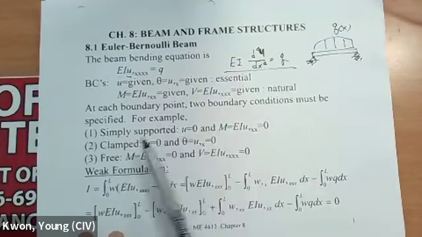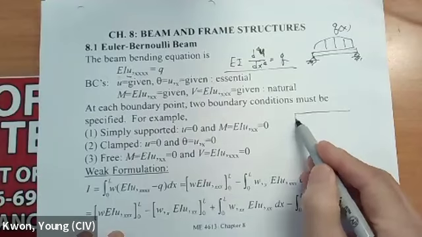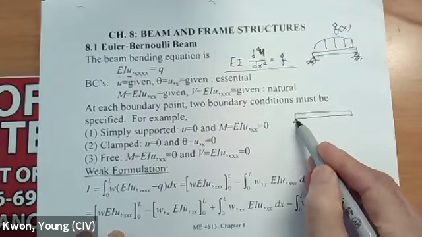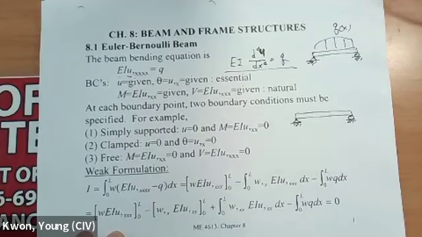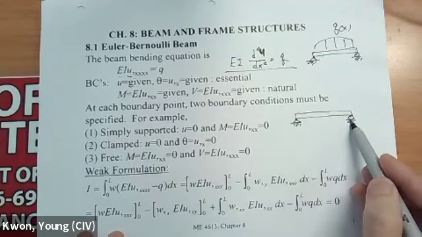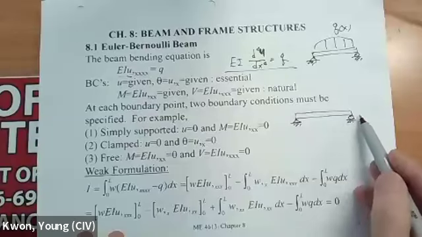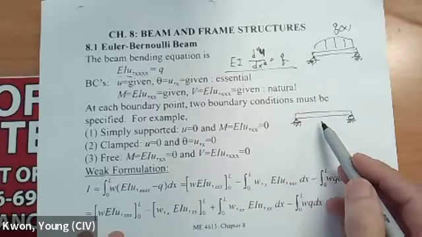So if you have a simple support, we usually indicate this with a triangle and circle. That means this is fixed in both x and y direction. This is only fixed in the y direction, but not the x direction. So to make this statically determinate.